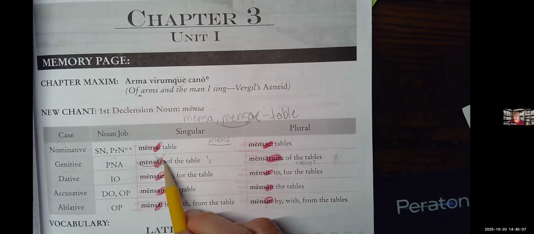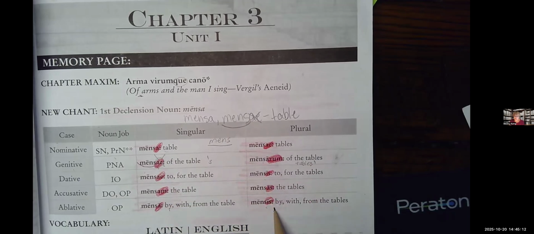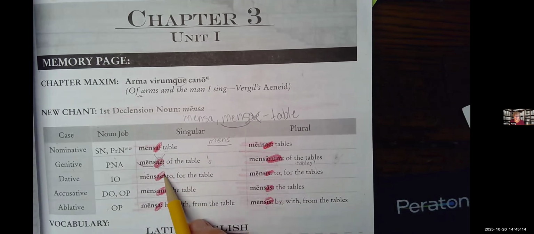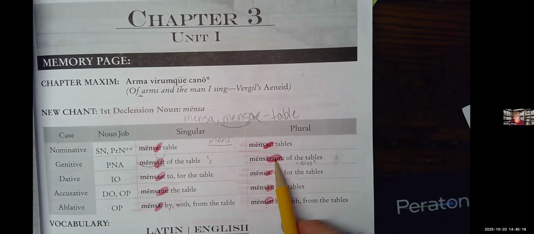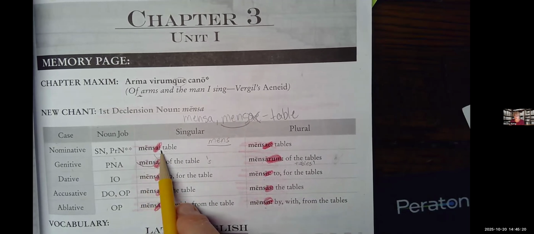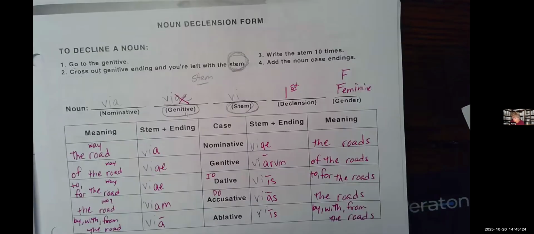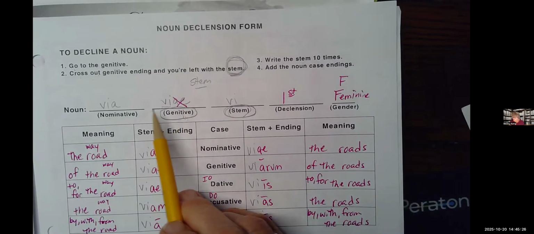So that's all about stems and endings. In order to decline a noun, you go to the genitive, you cross out the genitive ending, you're left with the stem.